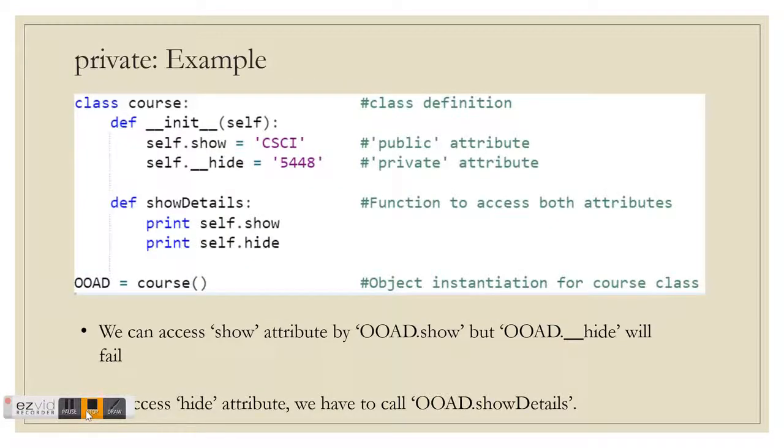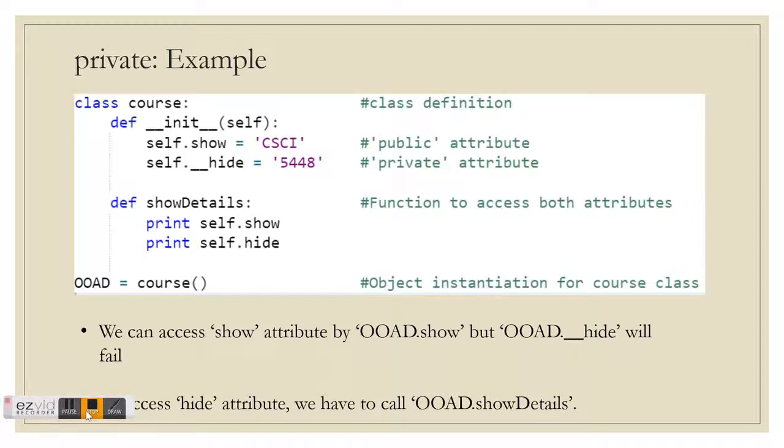Here is how we do that. Suppose I define a class course, and then there's a constructor function where I have two attributes, show and hide. I made show public and I made hide private by using a double underscore in front of that name. And there is also another function, show details. We'll talk about that later.